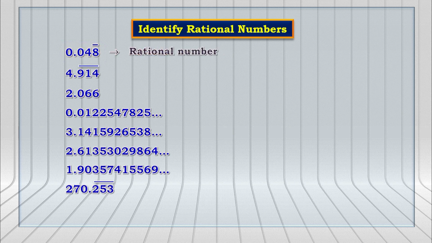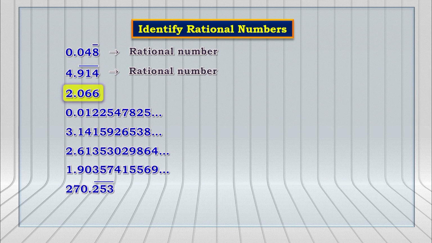So we know that earlier, as per the definition, that decimal numbers which are terminating or non-terminating recurring are called rational numbers. So we can clearly say that this is a rational number. Now let us take a look at the next number, 4.914 bar. So 914 is repeating over here. So this is a non-terminating recurring number. So this is also a rational number.